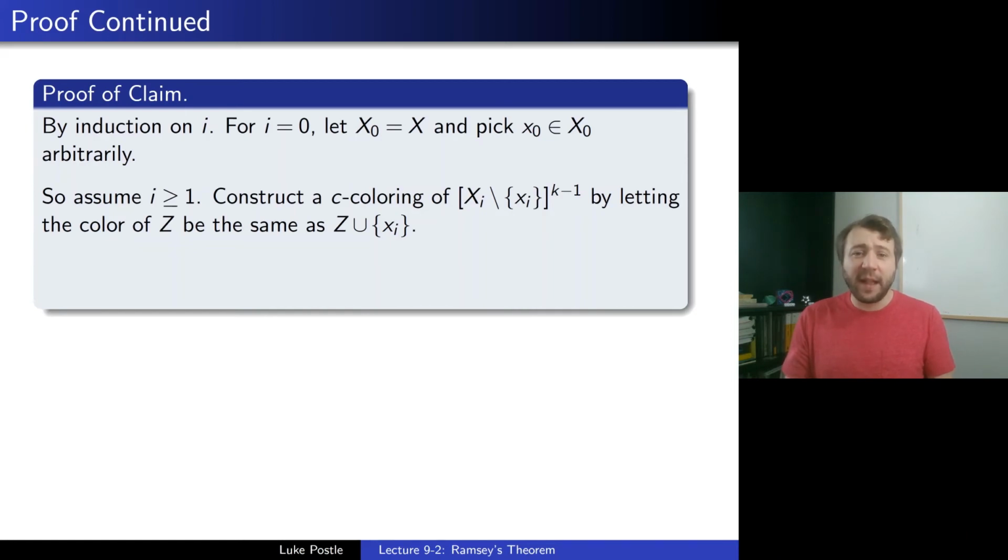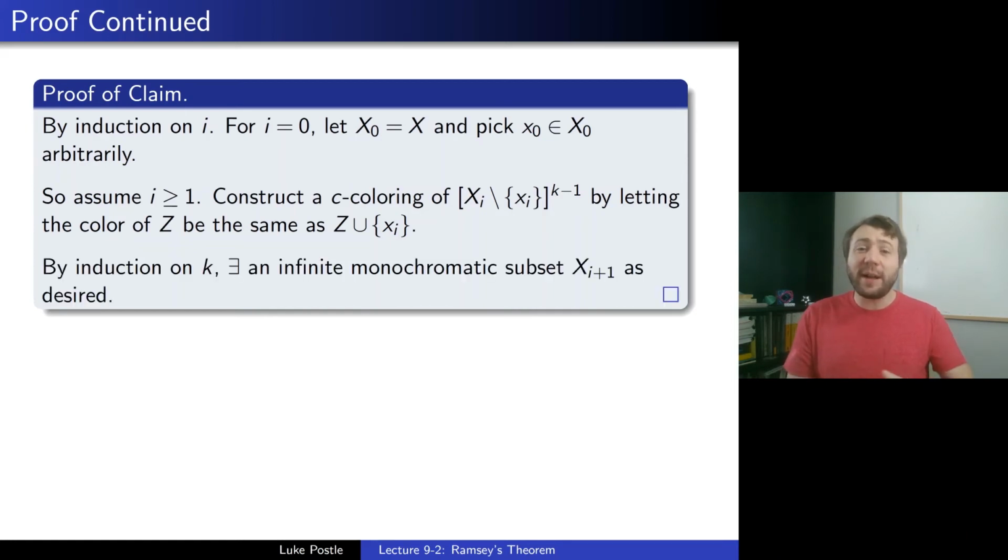And then what do we do? We know by induction on k, Xi minus little xi is an infinite set. We have a C-coloring of its k-1 subsets. So by induction on k, there exists an infinite monochromatic subset Xi+1 of this coloring, as desired. And that's the one you want, right?